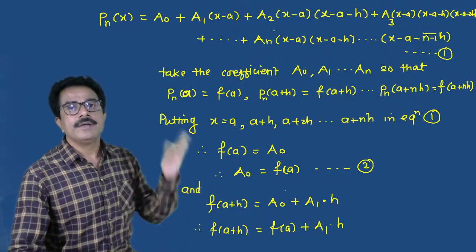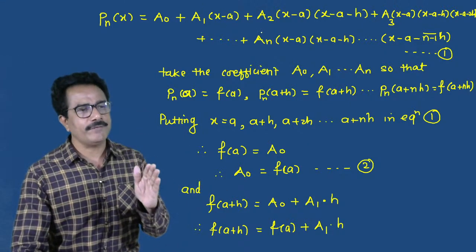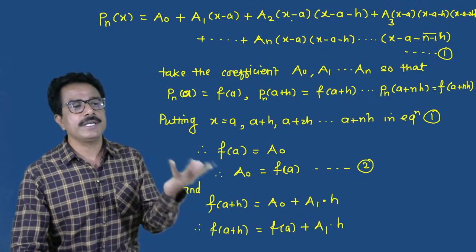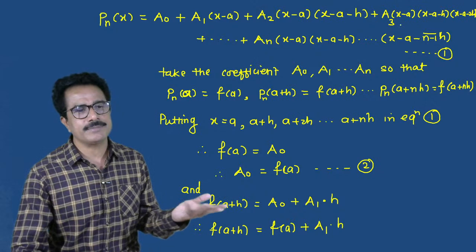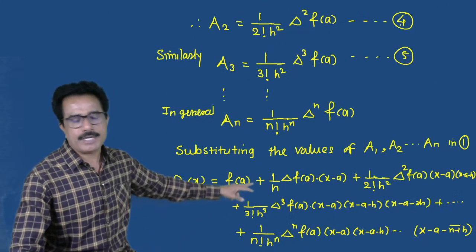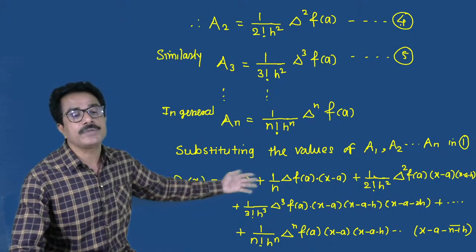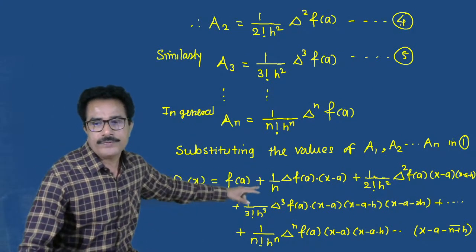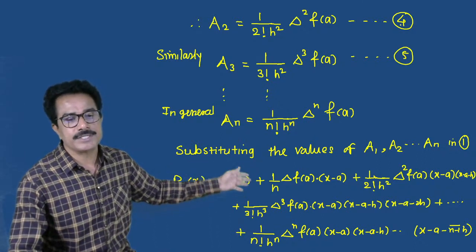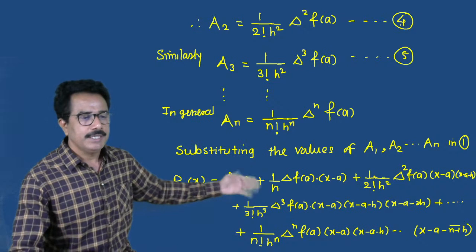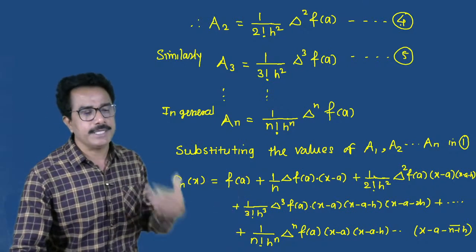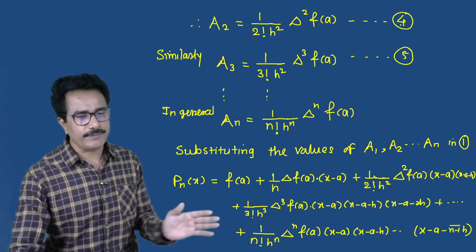A1 means 1 upon h into delta f of A. A2 means 1 upon 2 factorial h square into delta 2 f of A. बाकीच्या सर्व टर्म जशाच तसं. So we get f of A plus 1 upon h into delta f of A into x minus A, plus 1 upon 2 factorial h square into delta 2 f of A, बाकीच्या x minus A into x minus A minus h, remaining term as it is. So A3 means 1 upon 3 factorial h cube delta cube f of A in this way.